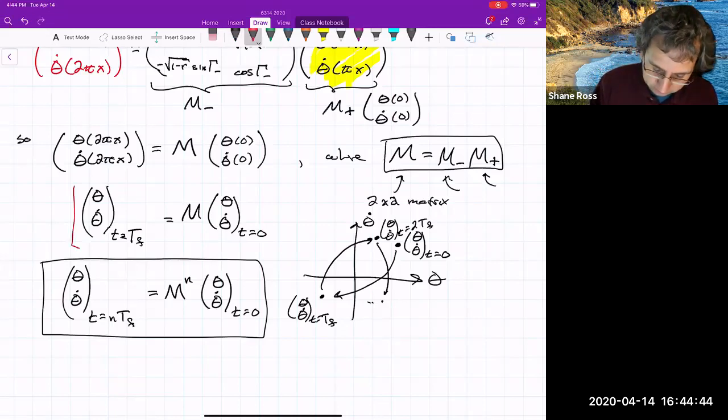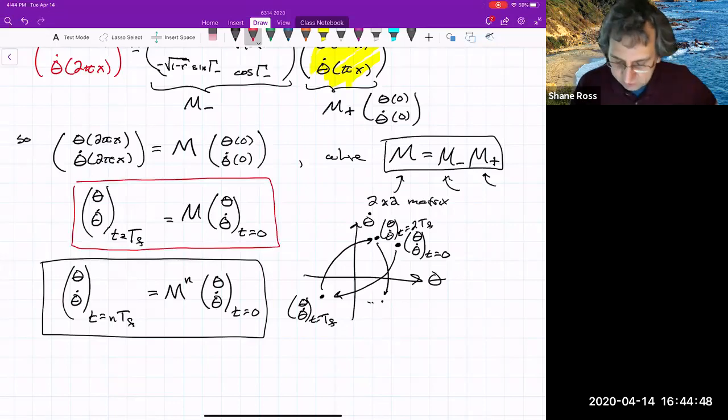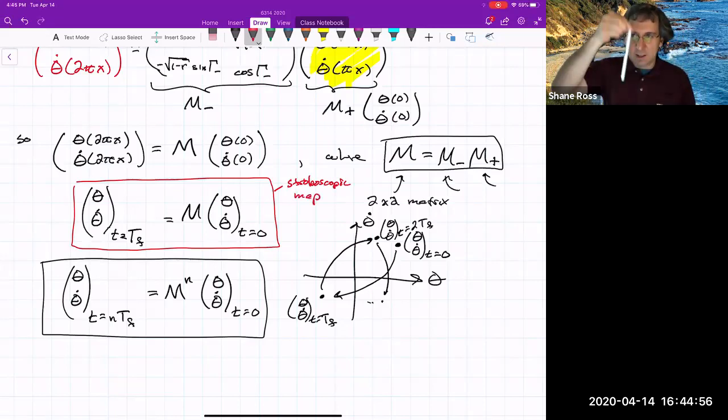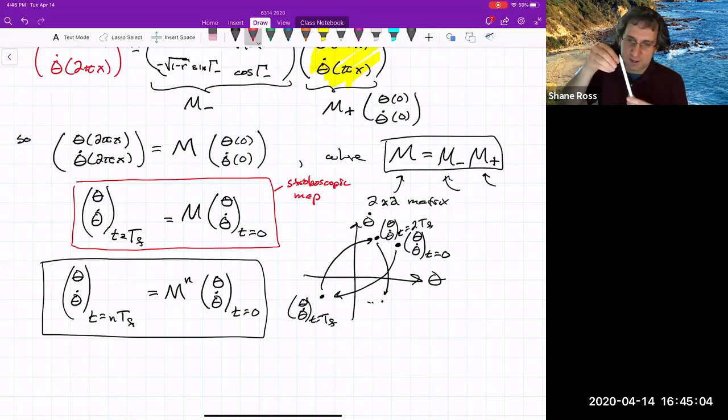This first one, I'll just highlight it in red because I'm going to have to end soon. This is sometimes called a stroboscopic map, because it's as if we're looking at, I'm kind of jiggling the pendulum up and down periodically, and we are looking at a snapshot of the angle and the angular velocity after each forcing cycle.